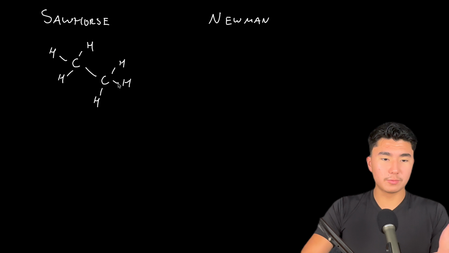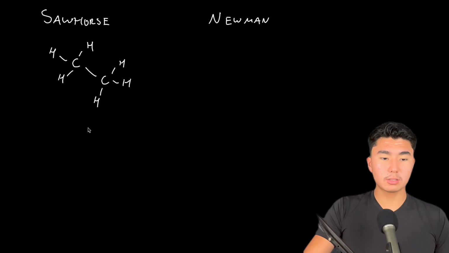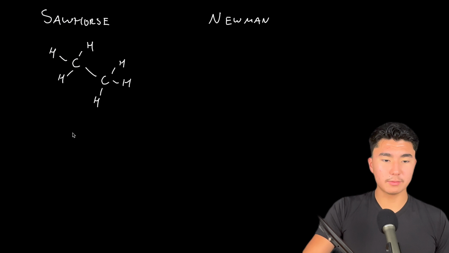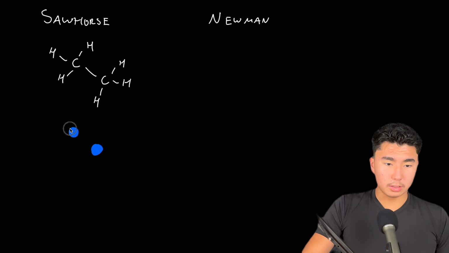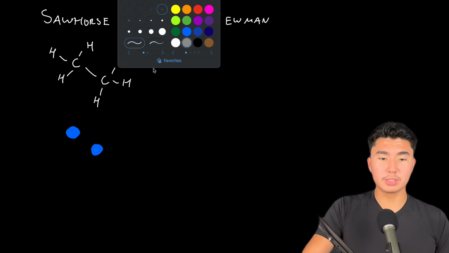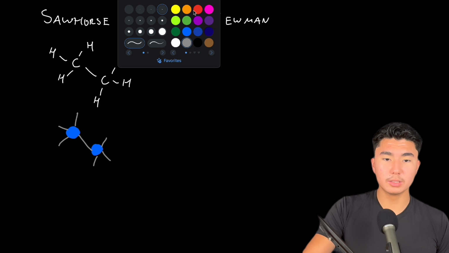Another way of writing this out is I'm going to color code this real quick. Let's just say carbon is blue. So we're going to have two of these blue dots, so that's one dot over here, two dot over here. Hopefully that's big enough. And let's say our bonds are this gray, so there's a bond right there. Then we're going to have three hydrogens, and hydrogens will be red.